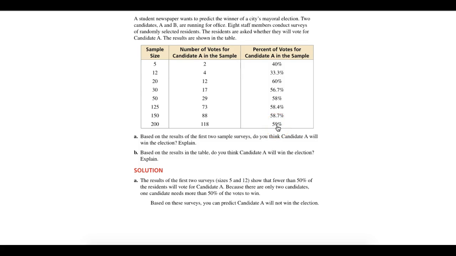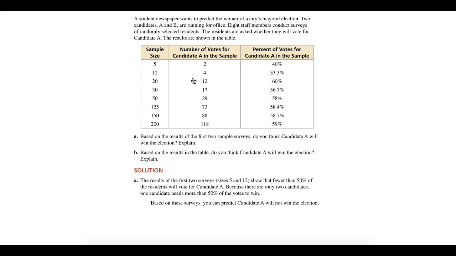Now, this is just like the examples we did in class today with rolling the dice and seeing that when your sample size is small, there's more of a margin for error. What that means is that you may interview just 5 people, and a majority of them may say that candidate B is who they're going to vote for.